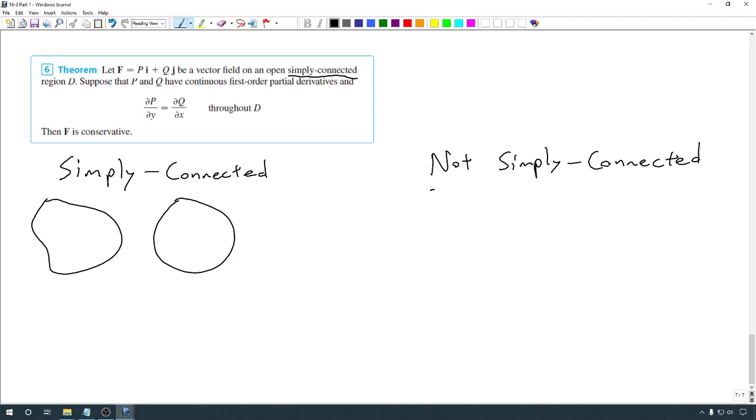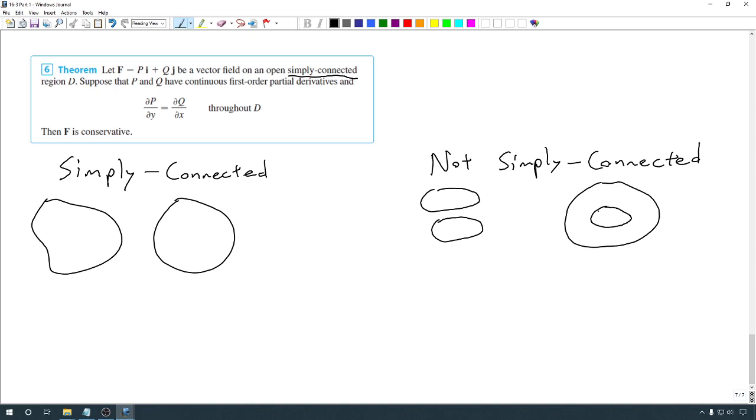For not simply connected, you can have something where it's in two pieces. That fails simply because it's not connected in the first place. But we can also have something where it has a hole in the middle of it. So here, there's a region inside of our region that's not part of the region.